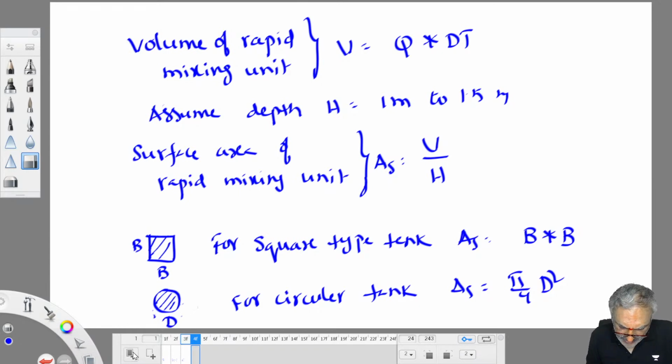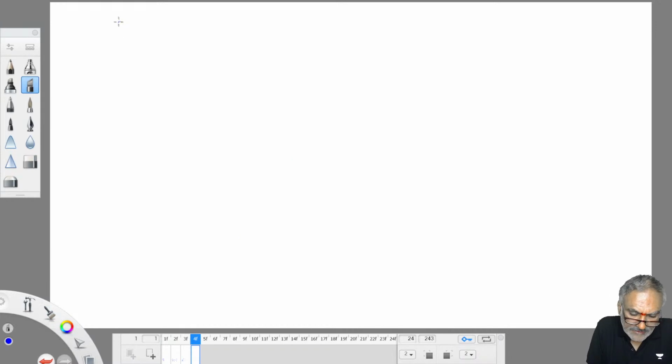In addition to that, the second parameter is velocity gradient. Velocity gradient is the measure of degree of mixing.